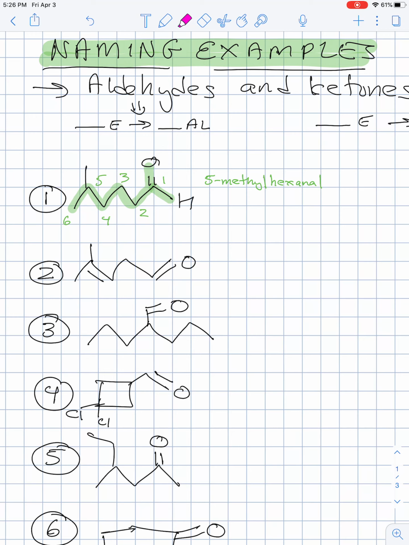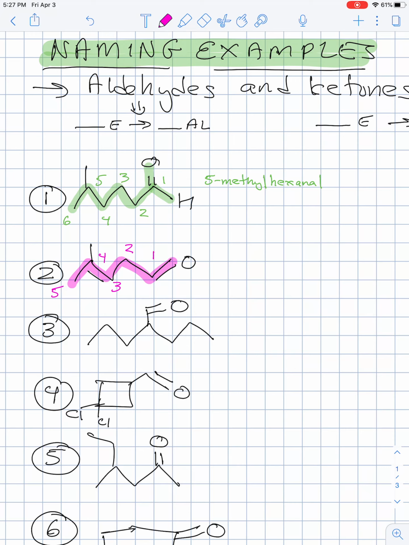So now looking at the second one, our parent chain is there. And notice in the first example that I included the H, and in the second example I didn't, just to show you that yes, it's possible not to show that particular H. Students are often more comfortable if they include the H. And again, we can number the chain 1, 2, 3, 4, 5.